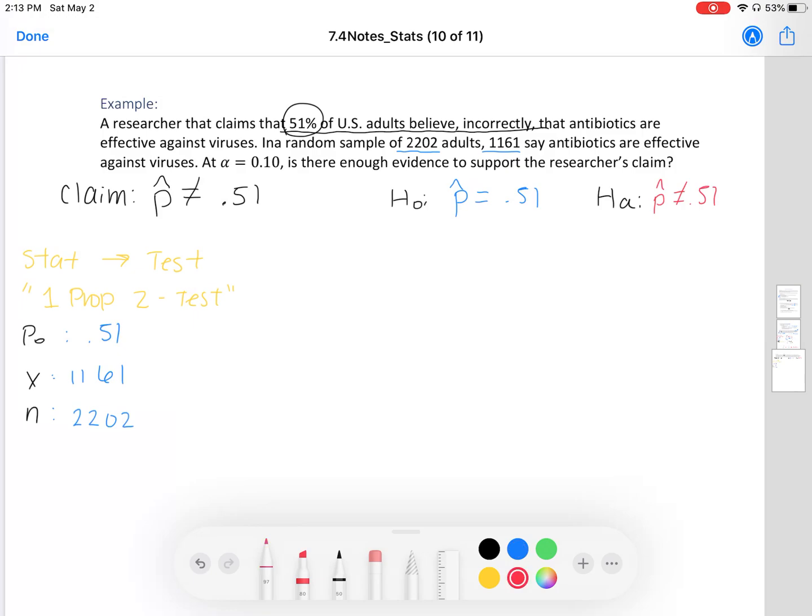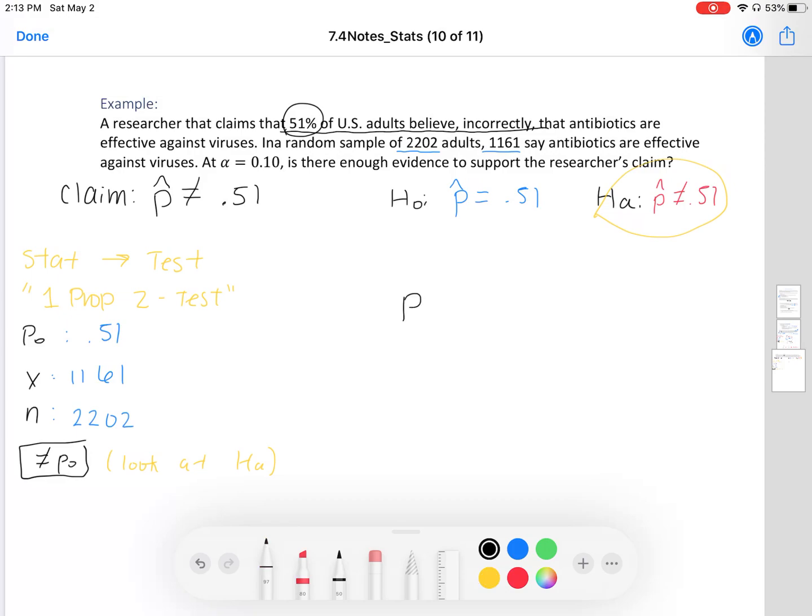And what kind of tail is it? You always want to look at your alternative. So it's two tail. So we want to choose the one that looks like this. And I'll leave the note again. Look at the Ha. All right, you press enter, and we want to work with our p.